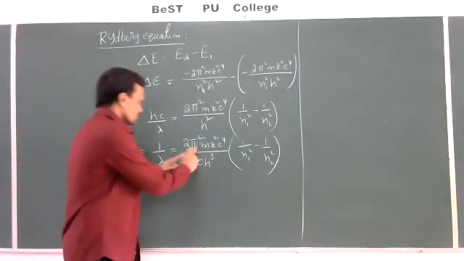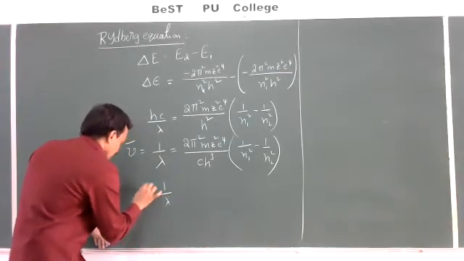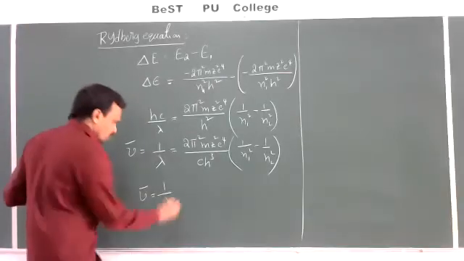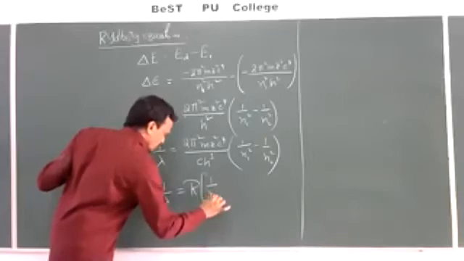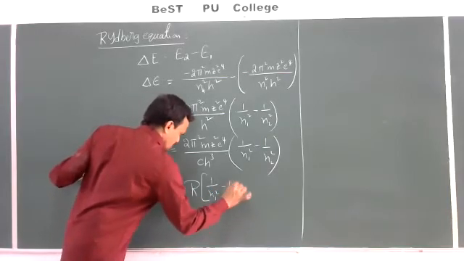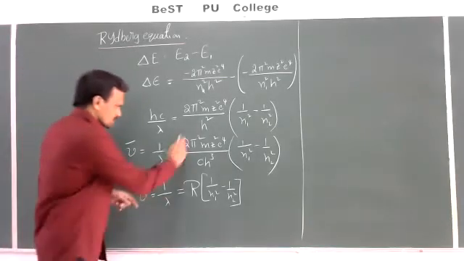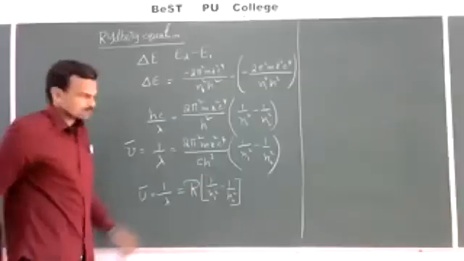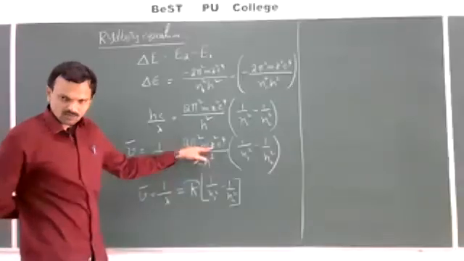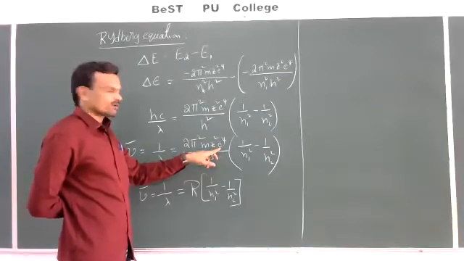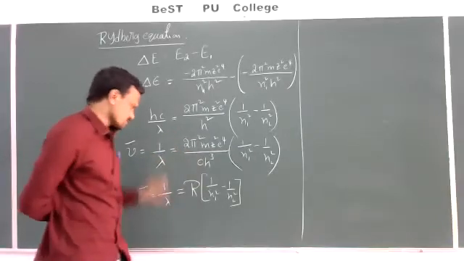The same equation we can represent as 1 by lambda is equal to R into 1 by n1 square minus 1 by n2 square. This total part is all constant terms: mass of electron, Z which is 1 for hydrogen, e power 4, the charge of electron, velocity of light, and Planck's constant.